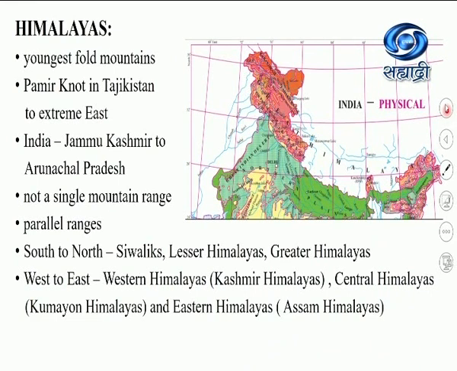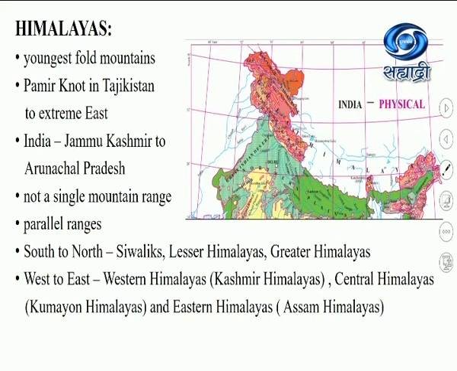Okay, so the Himalayas, as it is mentioned, are the youngest fold mountains. Now students, last year in 9th standard, you have already studied different types of mountains, and how the fold mountains have been formed. So the Himalayas are the youngest fold mountains of the world.